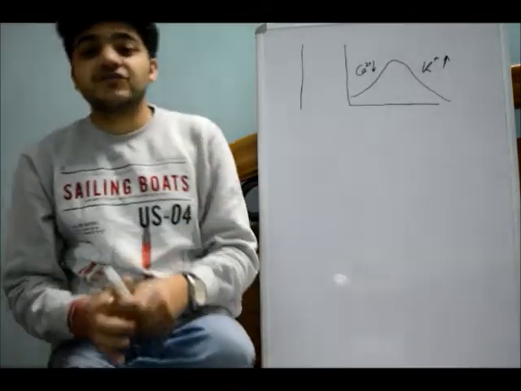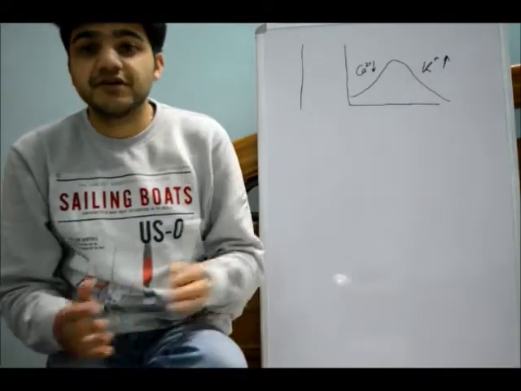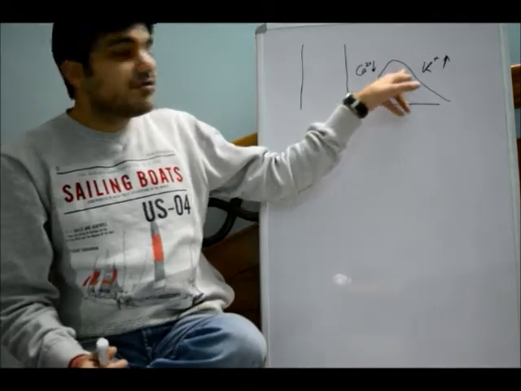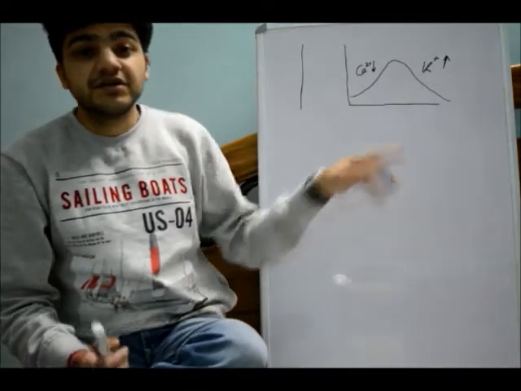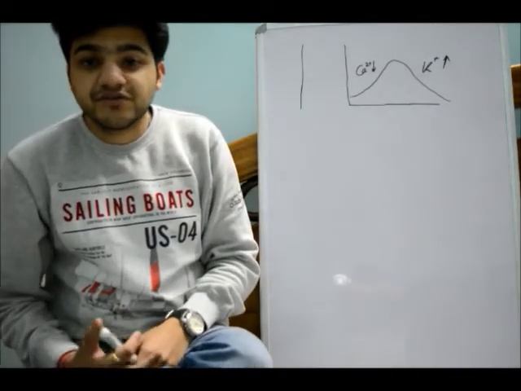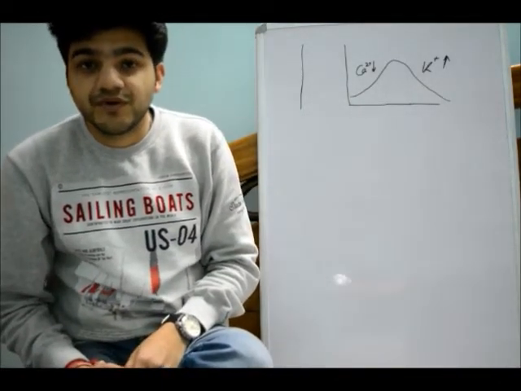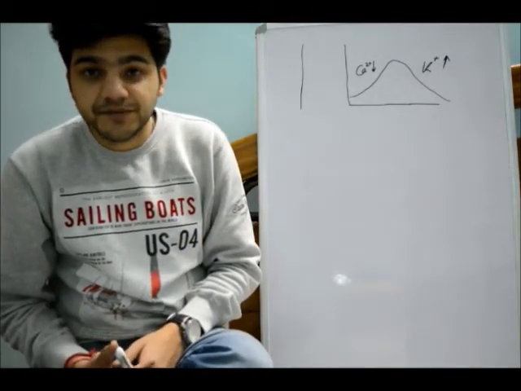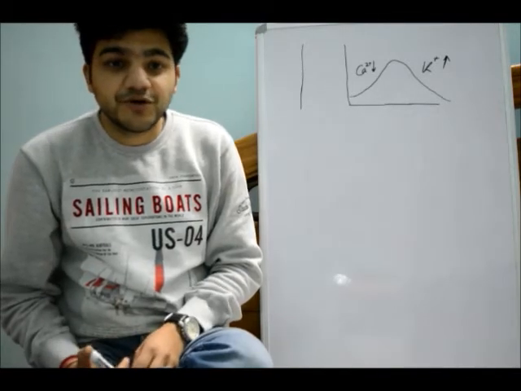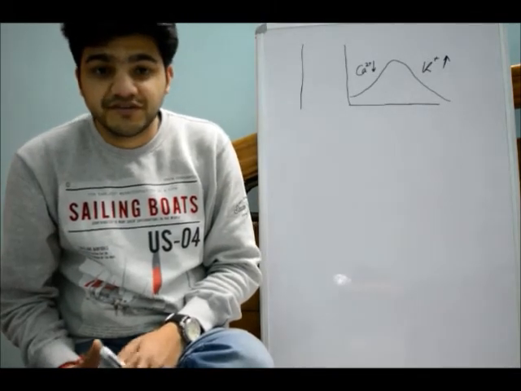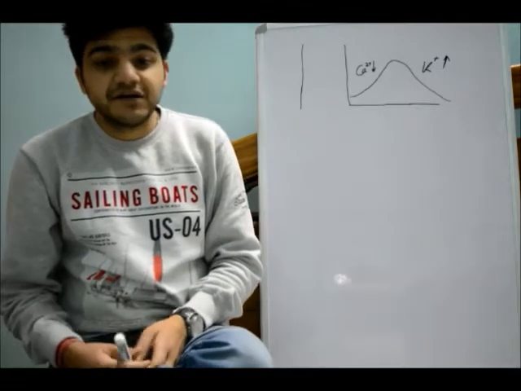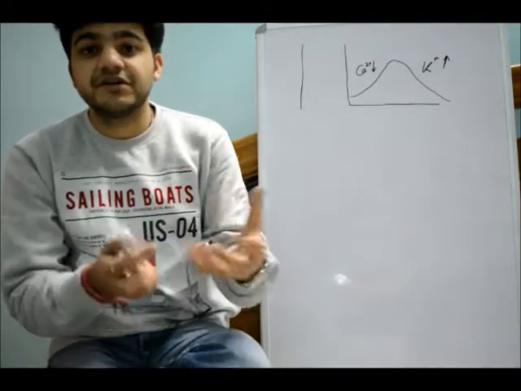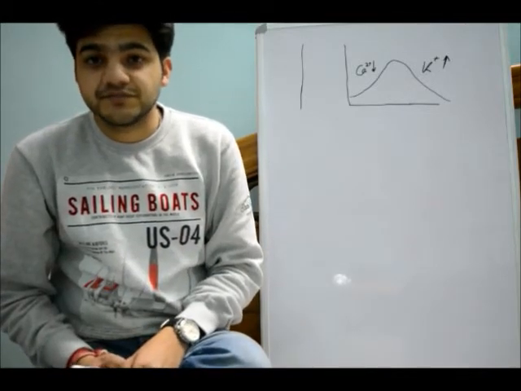The AV node has to conduct impulses from the atria to the ventricles, and since it has this type of action potential, the conduction velocity across the AV node is also slow, and since it is slow, it is responsible for what we call the AV nodal delay, which is very important as far as cardiac physiology is concerned, because the atria get time to pump all the blood into the ventricles before the ventricles go into their contraction.